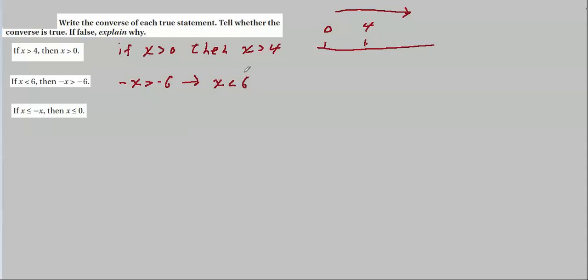But there's another way we could look at it using the sets that we brought up before. We could look at it this way. There's 6, there's 0, and here's minus 6, okay? Now, minus x lies over here. Minus x is all on this side.